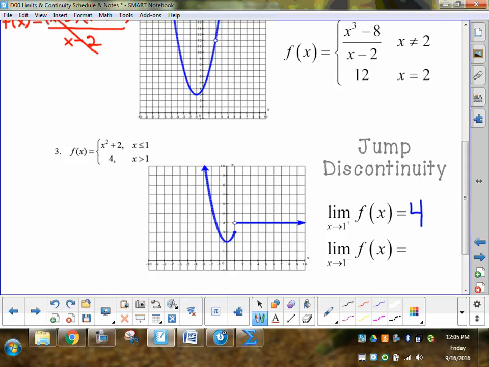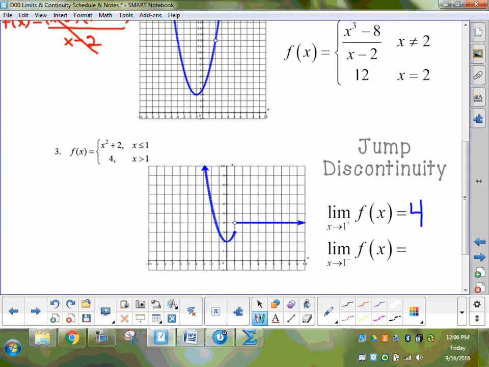What's the limit as you approach 1 from the left-hand side? Steve? Are these equal to each other? We can't fix that.